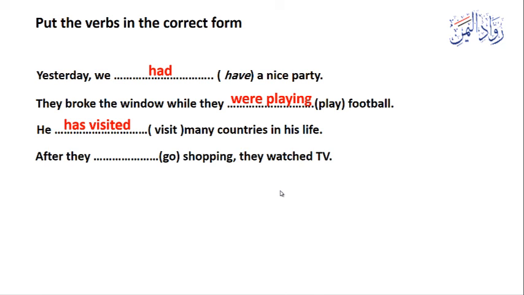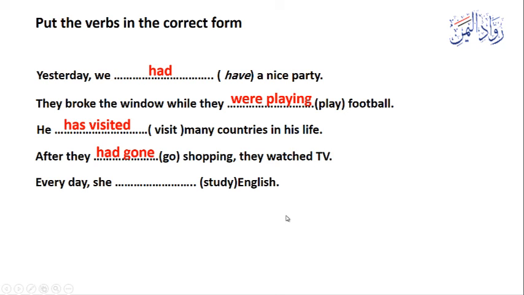After they go shopping, they watch TV. A relationship between two tenses. They watch TV after they did something. After they had gone shopping, they watched TV. Past perfect, past simple. Every day, she studied English.